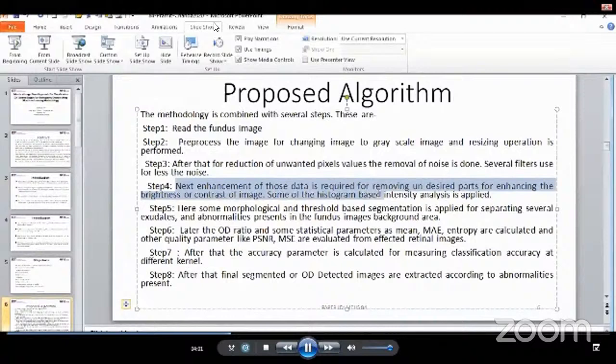Next, some enhancement of the data is required for removing the unwanted part and enhancing the brightness or contrast of the image. Mainly, brightness or contrast can be enhanced using a histogram-based intensity analysis approach.